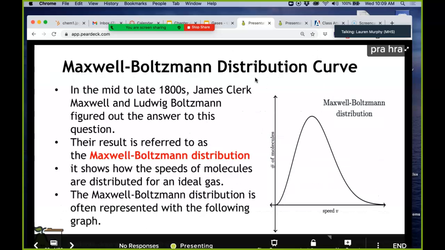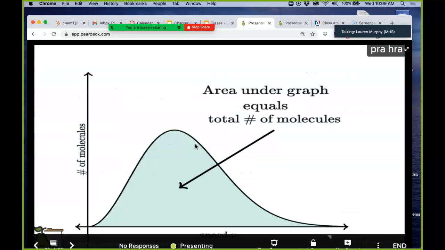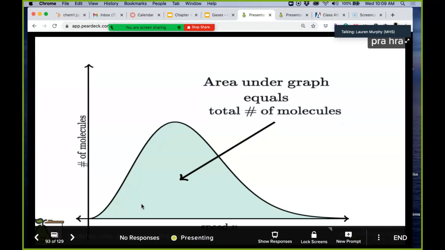So this Maxwell-Boltzmann distribution curve, the whole point of this is the idea that the area under the curve is the total number of molecules we're focusing on, and that at any given moment, some molecules are moving slower, small amounts of molecules are moving faster, but a huge portion of them under this curve are moving about the same speed, okay?